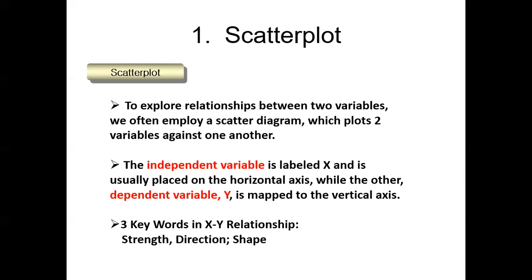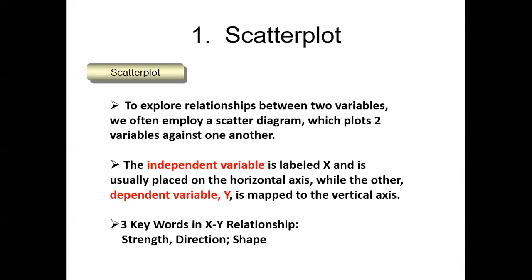So if you place education on the x-axis, education becomes the x variable, the independent variable. If you place wage on the y-axis, then Y is wage, the dependent variable.